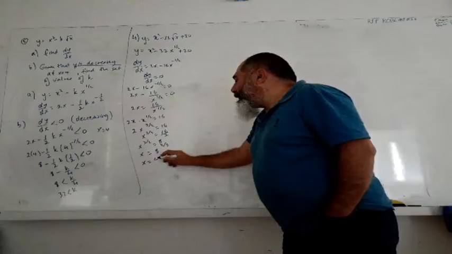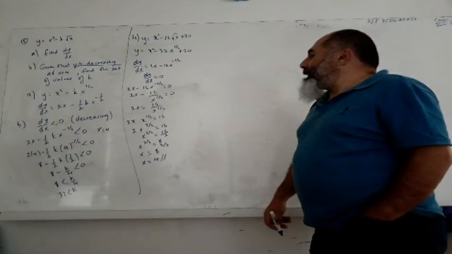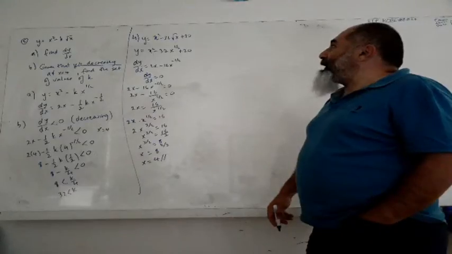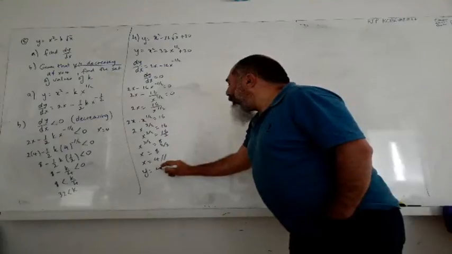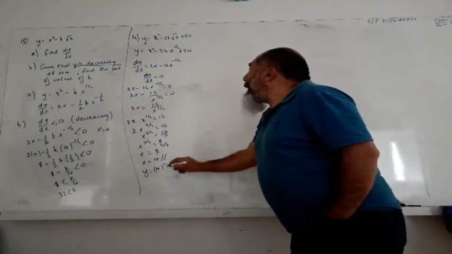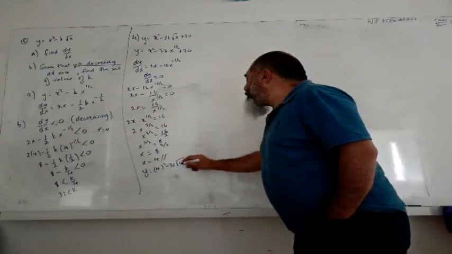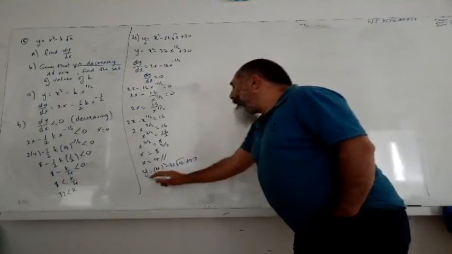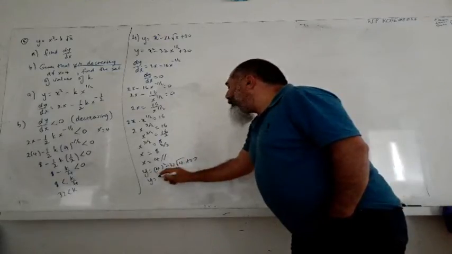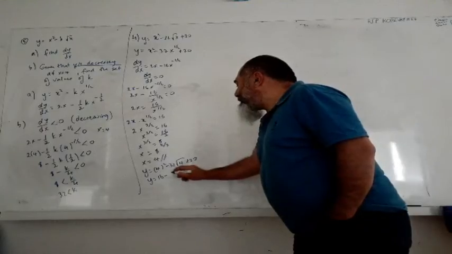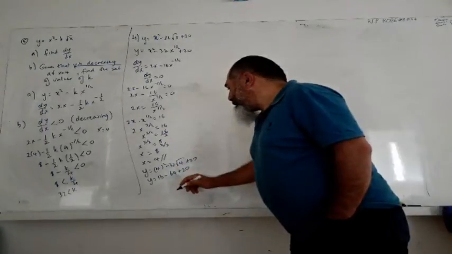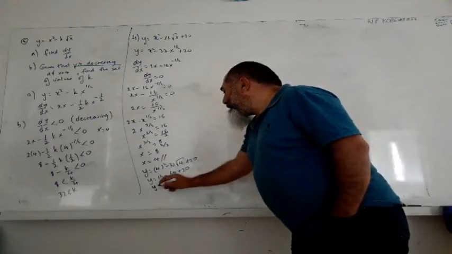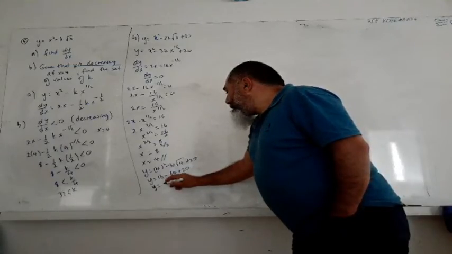And when x is equal to 4, it is very easy to find the y value. y is going to be 4 squared minus 32 times root 4 plus 20. y is equal to 16 minus 64 plus 20. y is equal to minus 28.